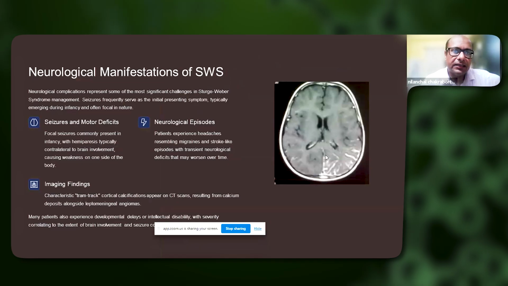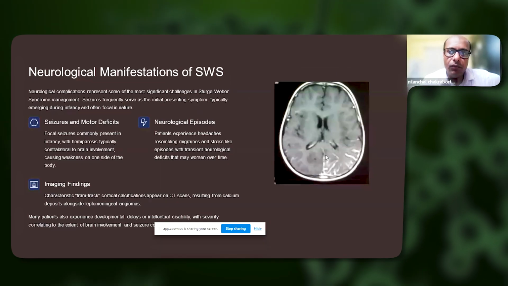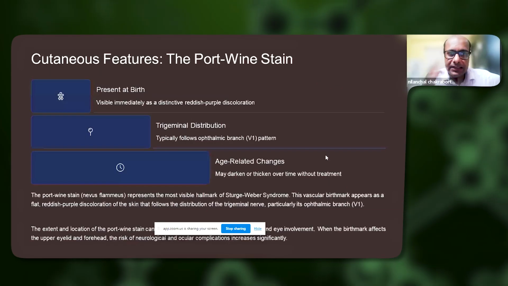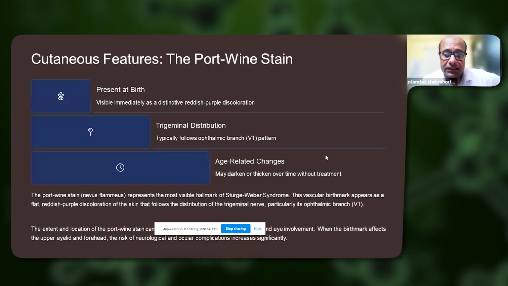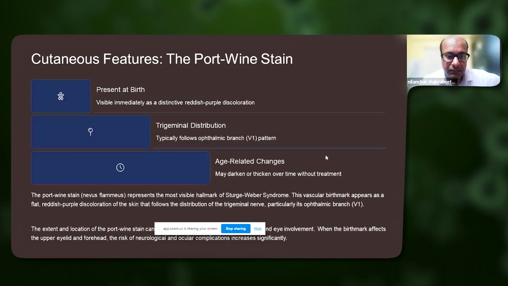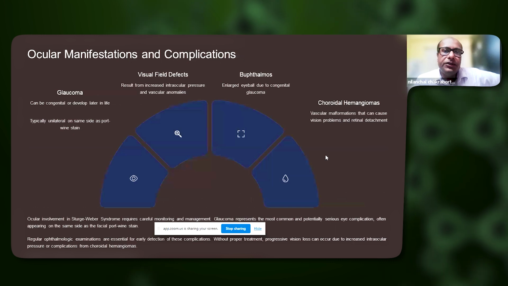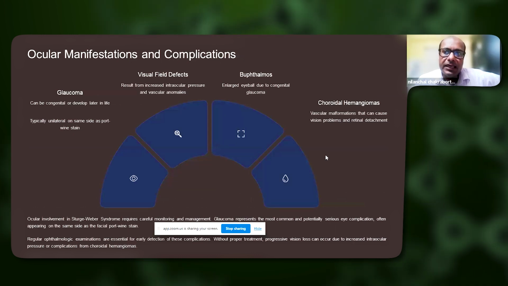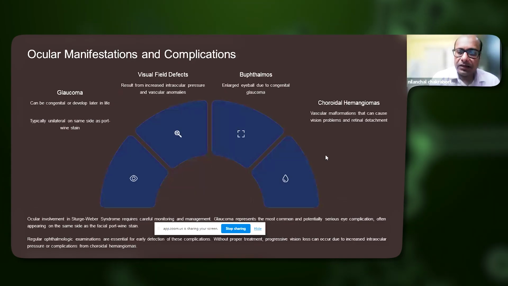Along with that, features of a skin nevus like wine-colored skin patches will be there, and there will be ophthalmological features like eye involvement: glaucoma, visual field defects, an enlarged eyeball like buphthalmos, and maybe some choroidal hemangiomas.